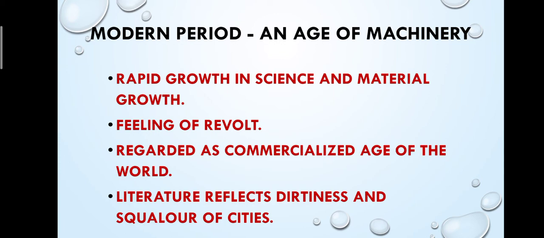The age of machinery has brought about a feeling of revolt among the writers of this age, whose works attack the industrialization of this period. In modern literature, there is a growing attack on the dirtiness and squalor of cities, which is the result of the industrial revolution. The dirtiness of modern trade and commerce has also found expression in the literature of modern times.